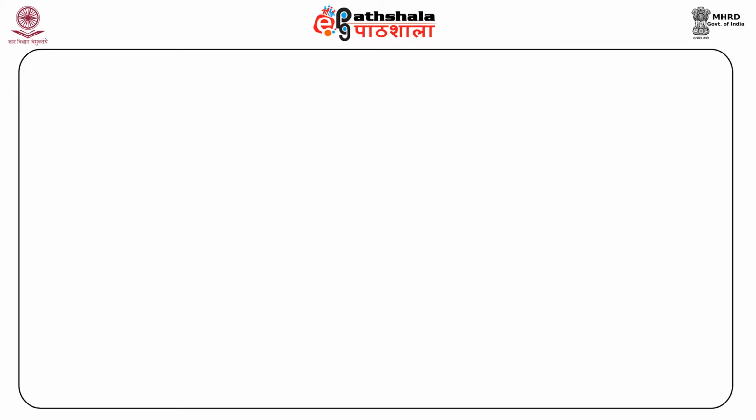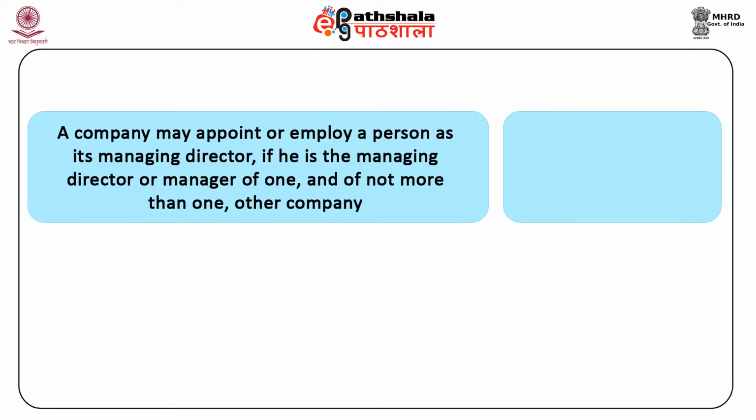Number of managing directorships. As per Section 203, subsection 3, a company may appoint or employ a person as its managing director if he is the managing director or manager of one and of not more than one other company.